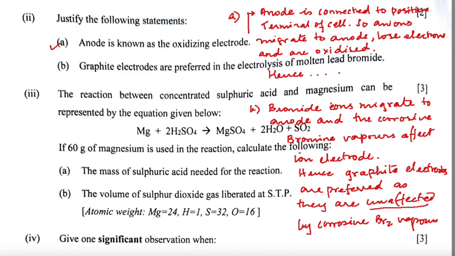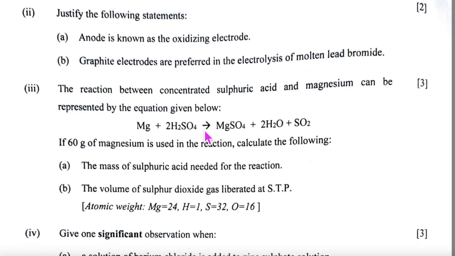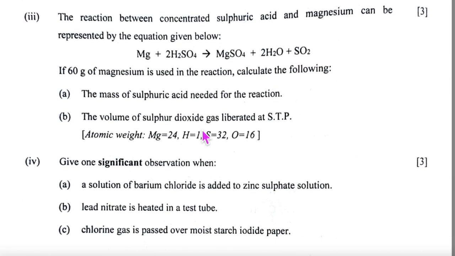Let us look at the third subpart. Reaction between concentrated sulfuric acid and magnesium is given here. 60 grams of magnesium is used. Calculate the mass of sulfuric acid and volume of sulfur dioxide liberated at STP.